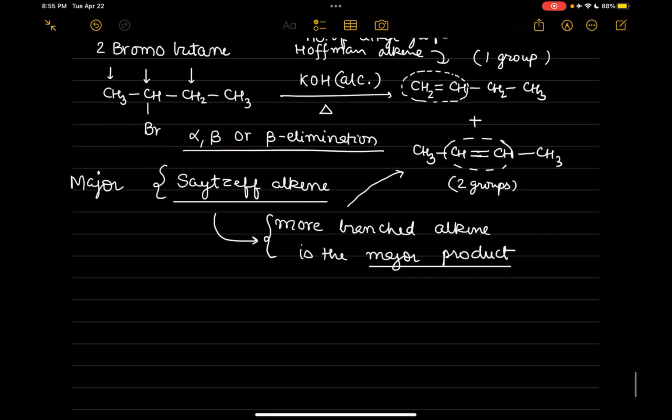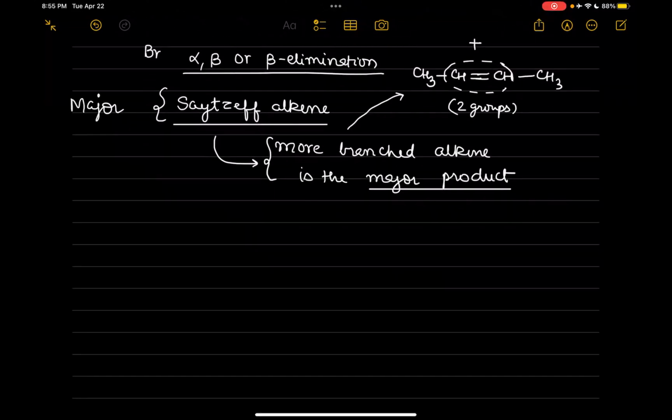Okay, let me give you some more examples so that you can make out which is Zaitsev alkene and which is Hofmann alkene.